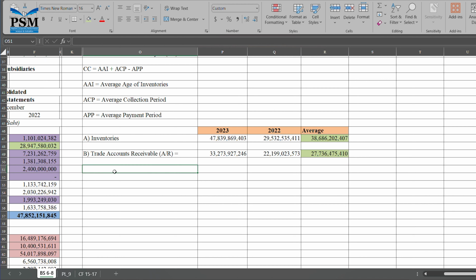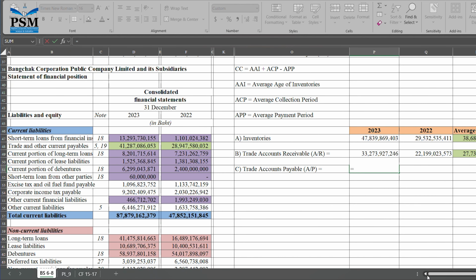Our next number is trade accounts payable. That is the supplier side, trade accounts payable, or A/P. We source this number from the balance sheet in the current liability section.